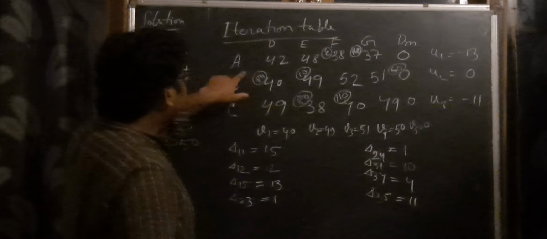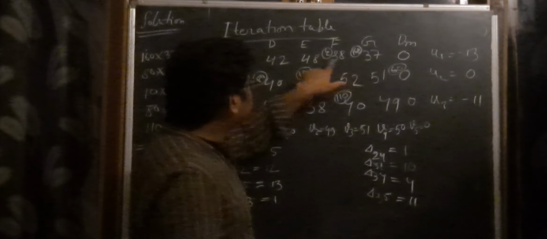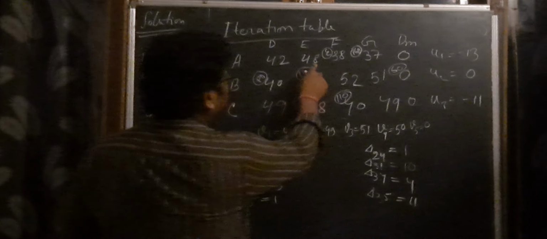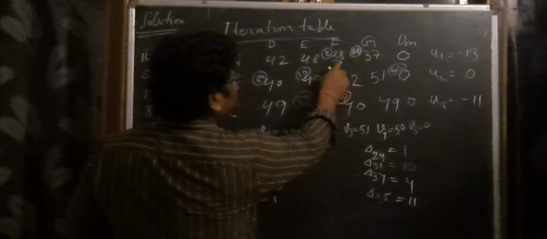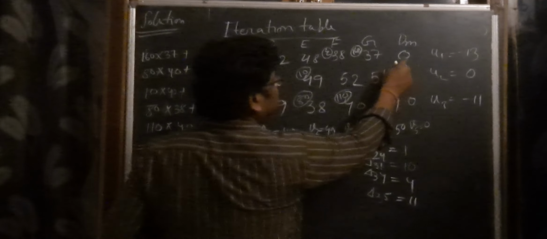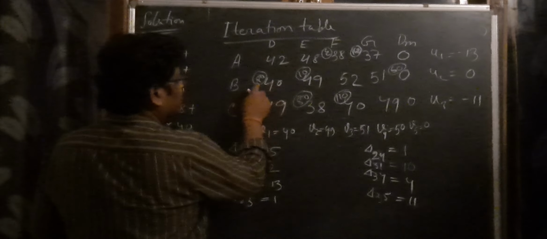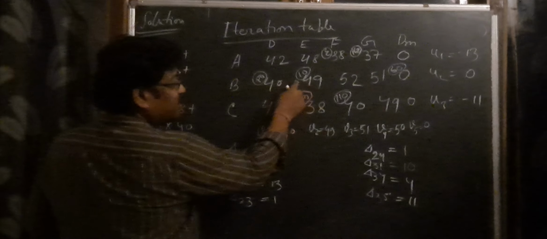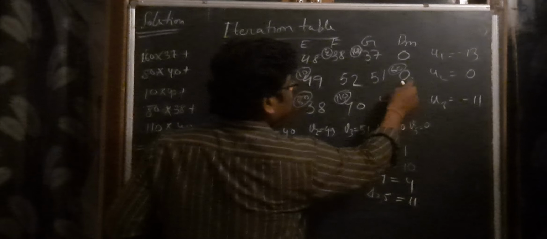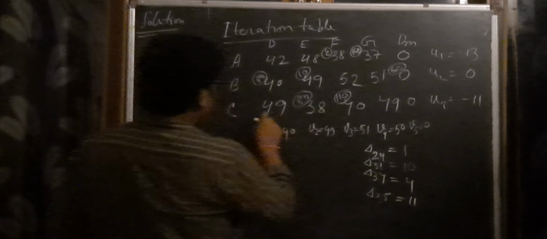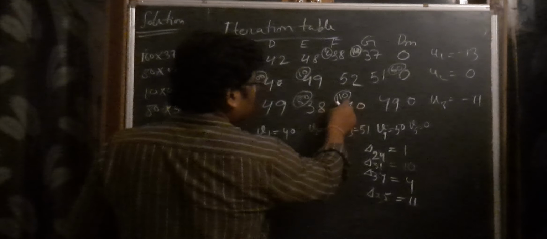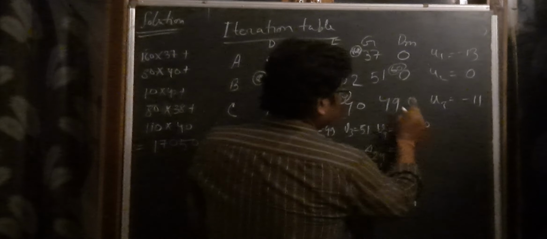So look, this is the allocation. 42 is the cost, 48, 38 allocated epsilon, 37 allocated 160, 0 is empty cell, 40 allocated with 80, 49 allocated with 10, 52 is empty cell, 51 empty cell, 0 allocated with 60, and 49 empty cell, 38 allocated 80, 40 allocated 110, 49 is empty cell, 0 is empty cell.